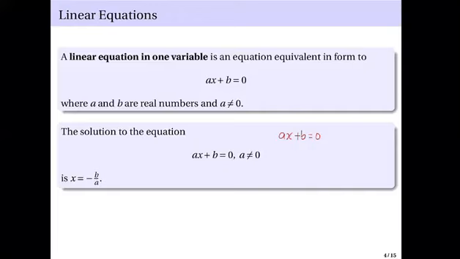We start by adding, so we started from here. What we're going to do is to subtract b on the left-hand side of the equation, but the addition property of equality tells us that we should subtract b on the right-hand side of the equation also.